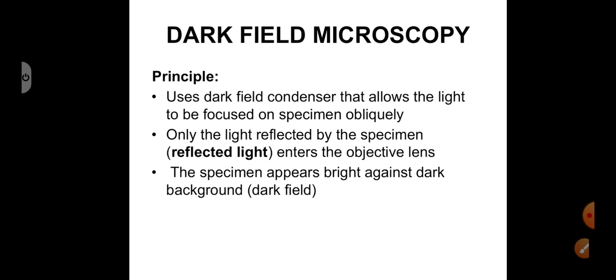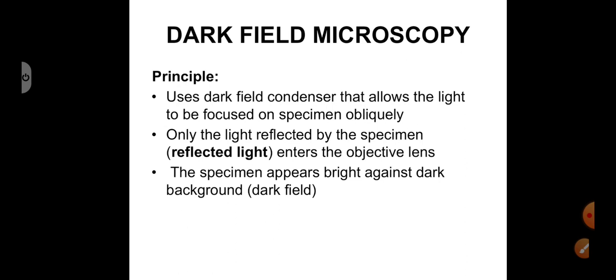It's built the same as the bright field microscope, but the condenser here is a special condenser known as the dark field condenser, which has a stopper which will not allow the entire light coming from the light source to directly fall on the specimen. Only the light rays which fall onto the specimen fall obliquely, and the light which is reflected by the specimen only enters the objective lens, and hence the specimen appears bright against the dark background.